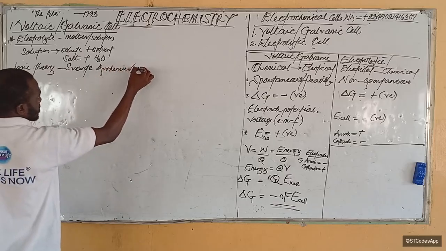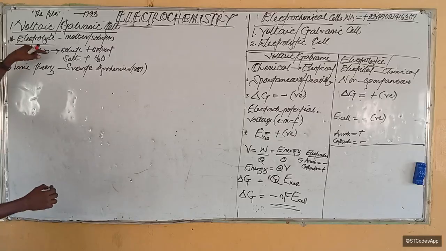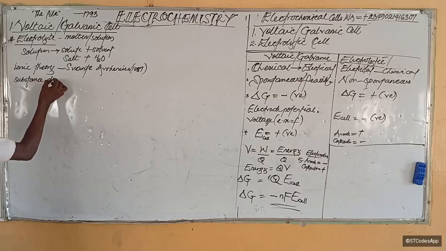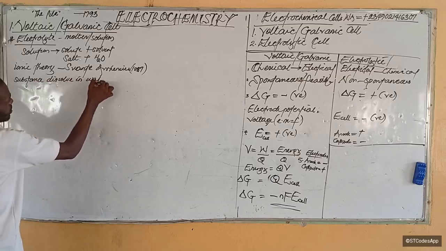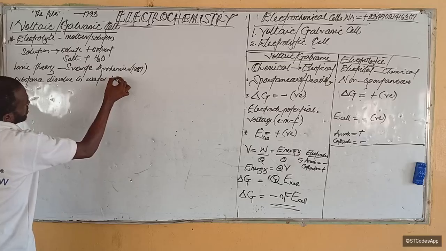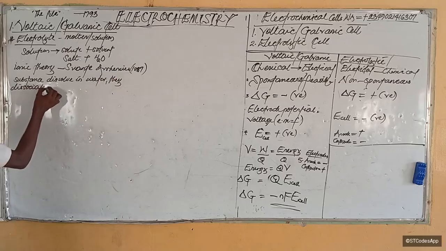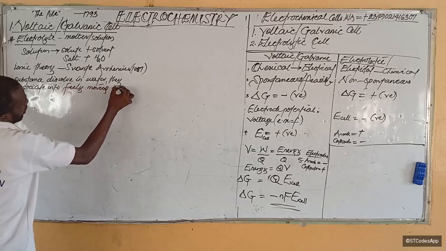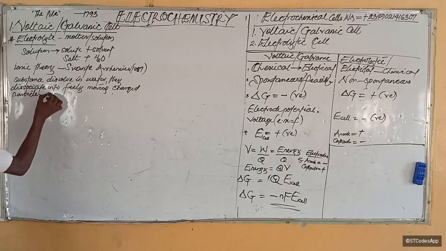This guy, in I think 1887, propounded the ionic theory and said that when substances dissolve in water, or dissolve in a solvent, they dissociate into freely moving charged particles that we call ions.